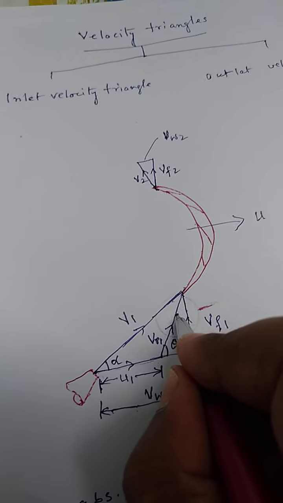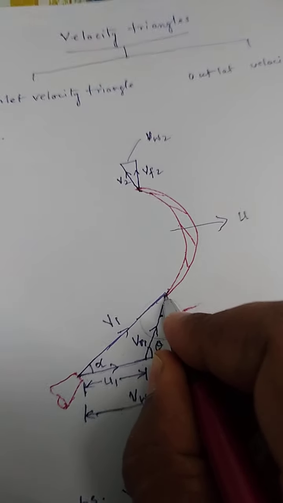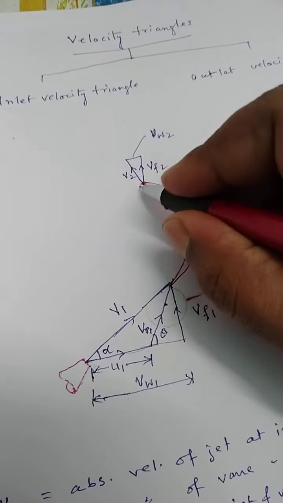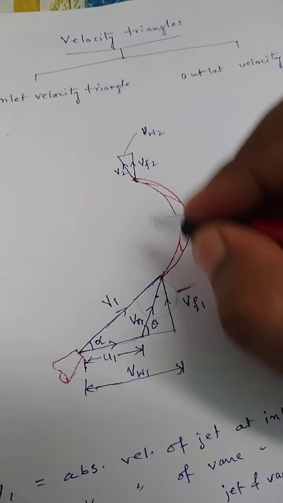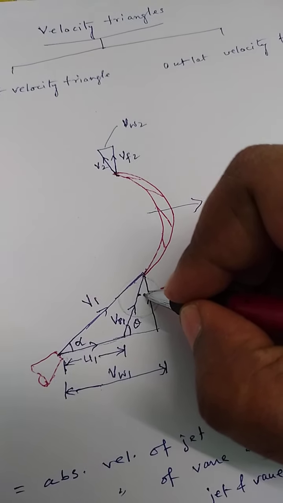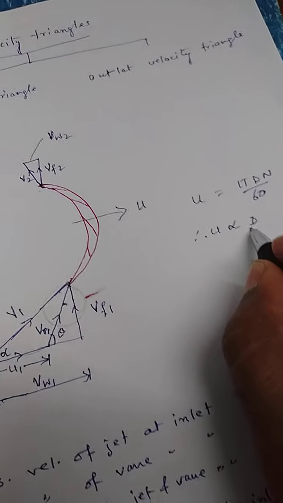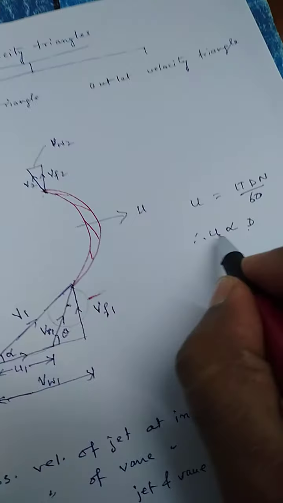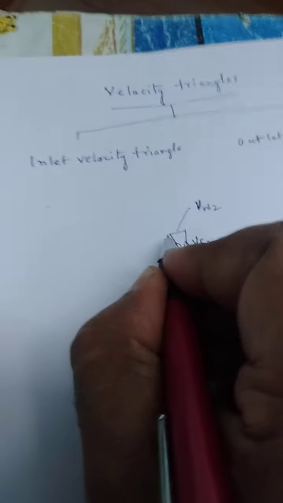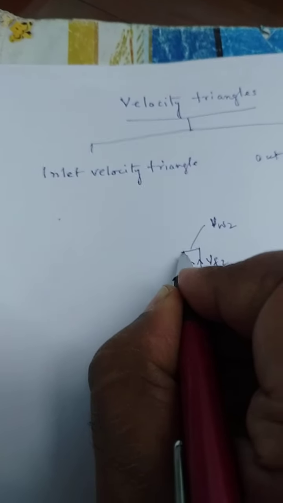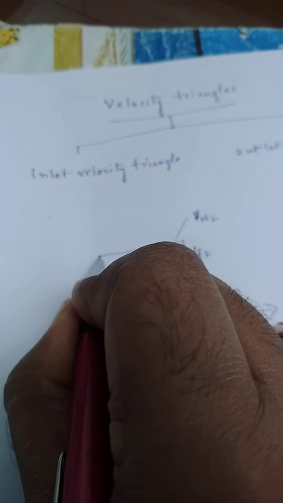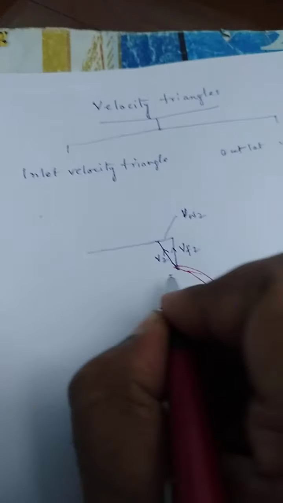If we see this is the center of the turbine, the distance from here to here and from here to here are not the same. From here to here the distance is less and here to here it is more, therefore d is more. So at this point d is more, therefore U will be more. Therefore the value of U2 will be showing more. This is the value of U2.